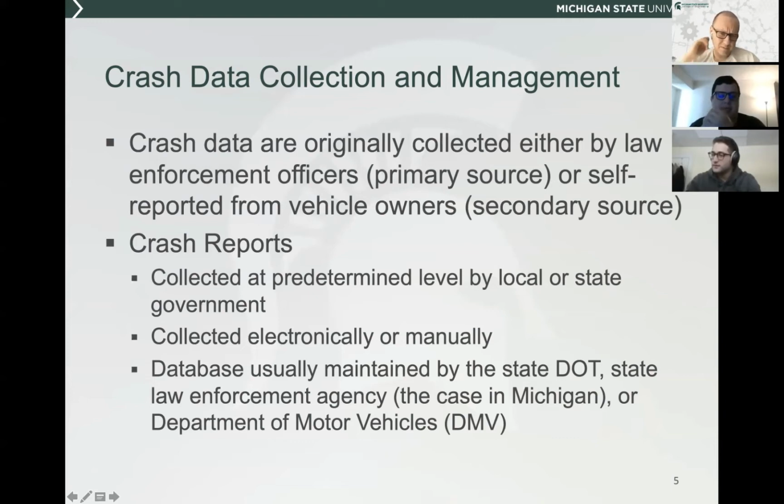After the fact, the public can report those crashes. And generally speaking, there are criteria in terms of what gets reported, generally based upon whether there are injuries sustained by the occupants of the vehicle. So virtually every state, if someone's injured, the state would track that data.